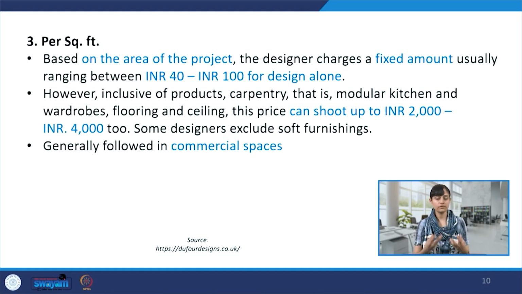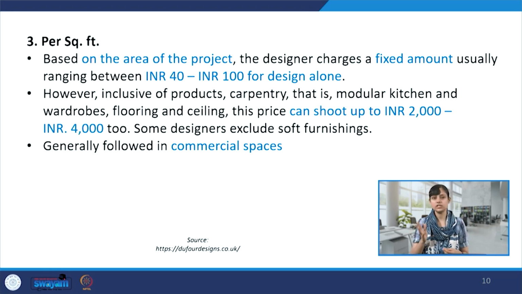Then there is a per square feet method, which is a simple formula based method: you have a certain square feet area of the project and a fixed amount. It usually ranges from 40 rupees to 100 rupees per square feet. This is usually for only design and not execution, and this range again reflects the level of detailing, the scope of work, the experience and expertise, and whether there is something very unique that comes into play while designing and executing the project.